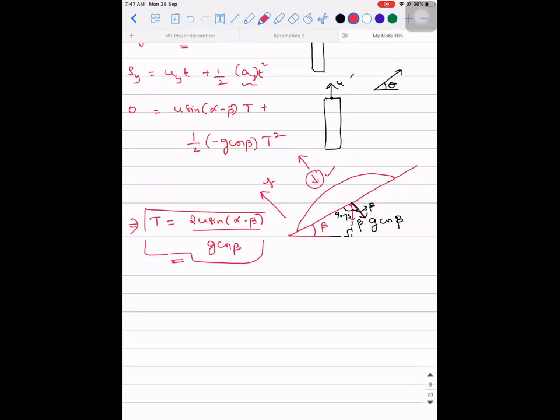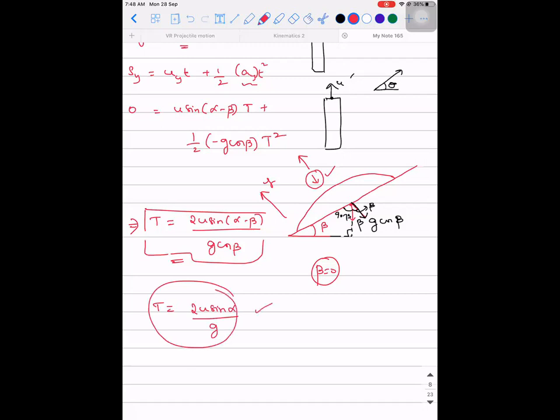So I can treat it like a generic formula. Observe what I'm going to do. If beta is equal to 0, then what does it technically mean? The angle of inclination is 0. When beta is equal to 0, substitute the value and see, it will be 2u sine alpha divided by g.